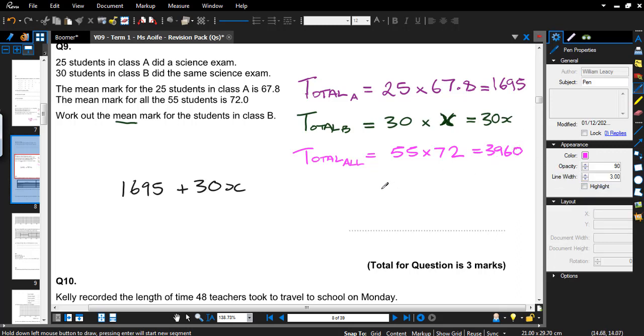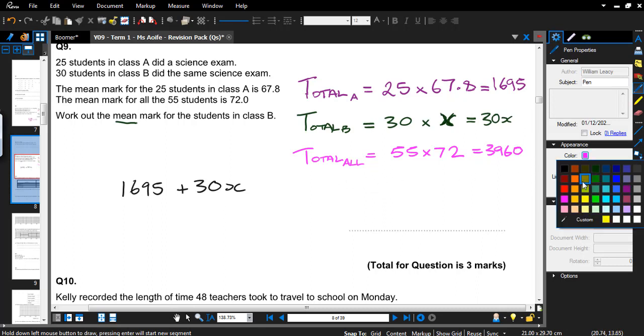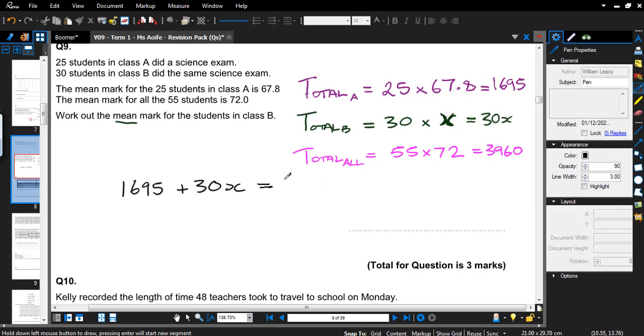There we go. Just after I talked about being a mathematical genius, how embarrassing. Well, at least I saw it. Equals that. I'm not going to keep changing the pen colors now. You've got to be able to follow this at this stage.